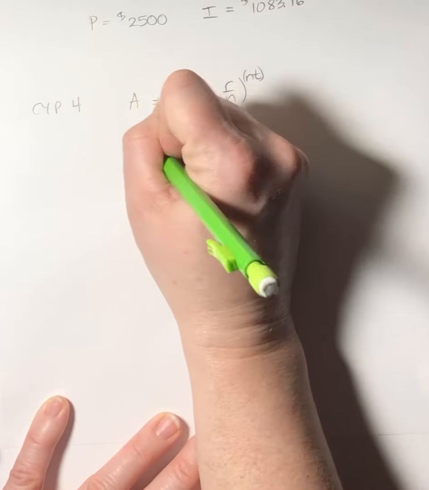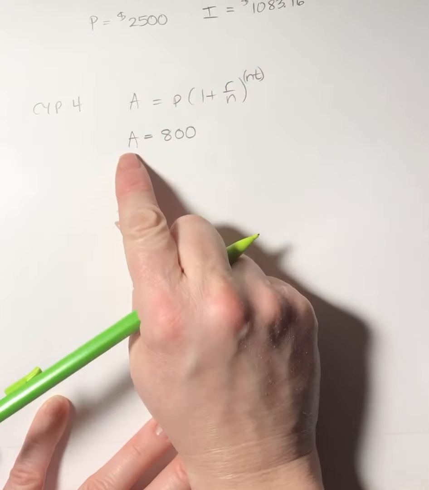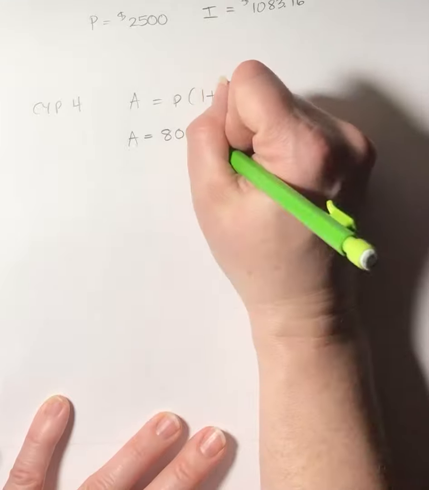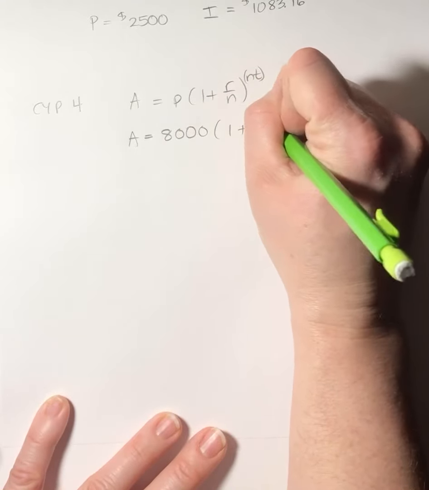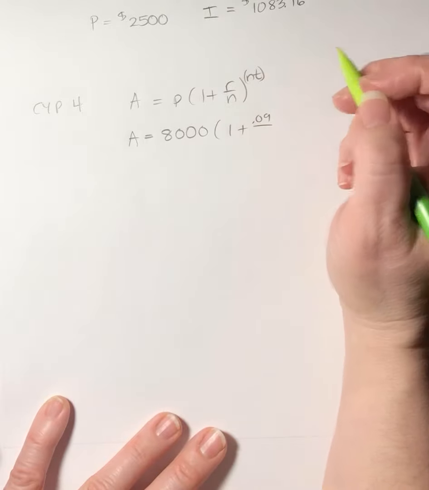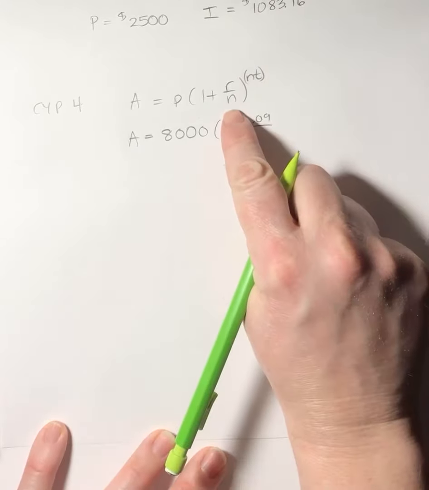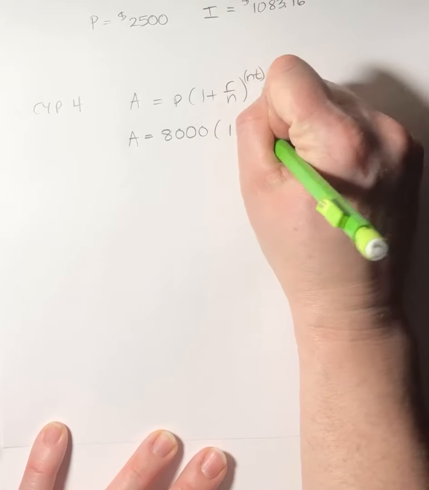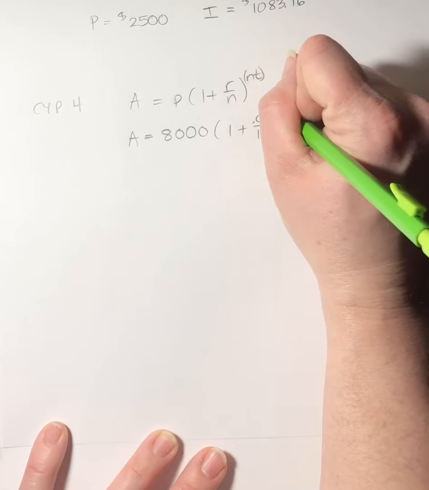So how much interest is earned? So we still have to find that amount. We're starting with $8,000. My percentage rate happens to be 9% again. They're not getting very original. This is compounded monthly, so that means that N is going to be 12, and this is for 6 years.